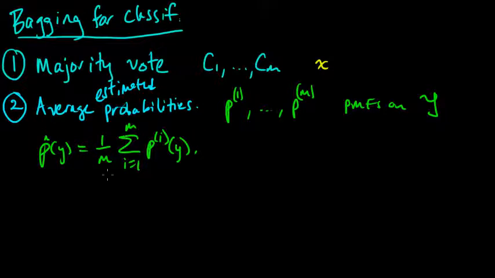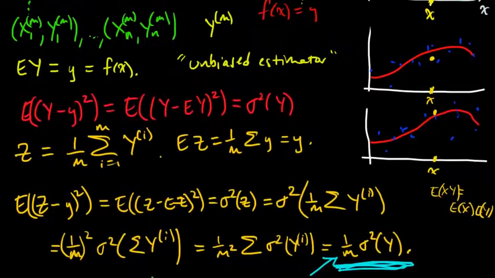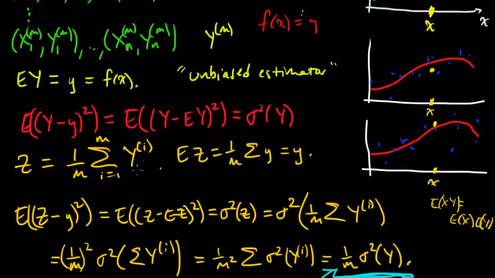And this looks a lot like the regression case. Remember, in the regression case, we had a yi for each data set, and we averaged them to get our z. So if you think about each of those probabilities as one of these y's, then z is like the average estimated probability.